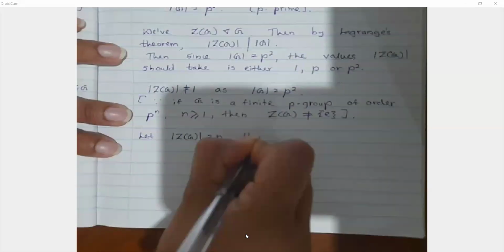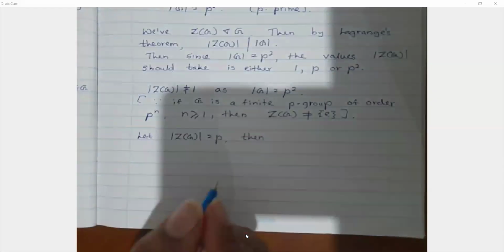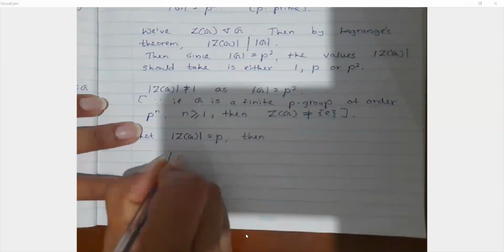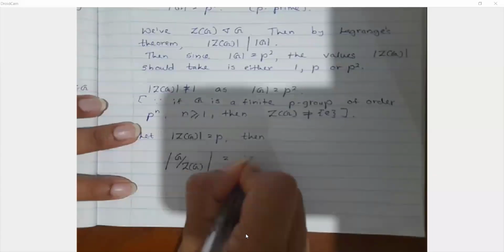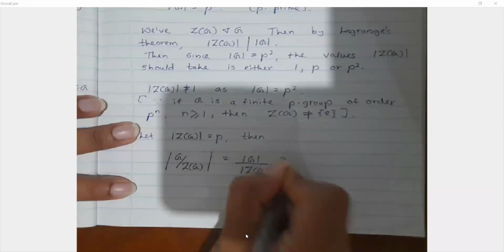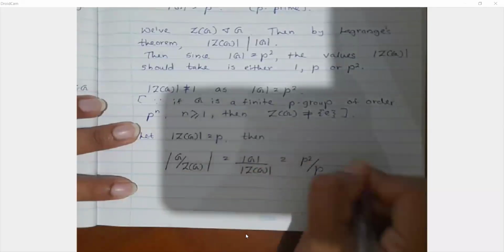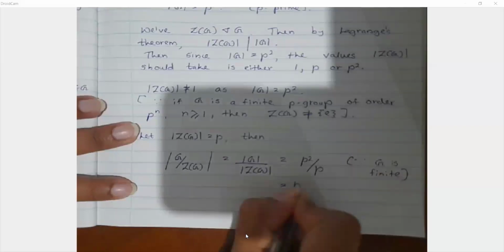Then what do we have? Then we have the order of G over Z of G, which is simply p squared over p. This is because G is finite, and the value of this is simply equal to p.